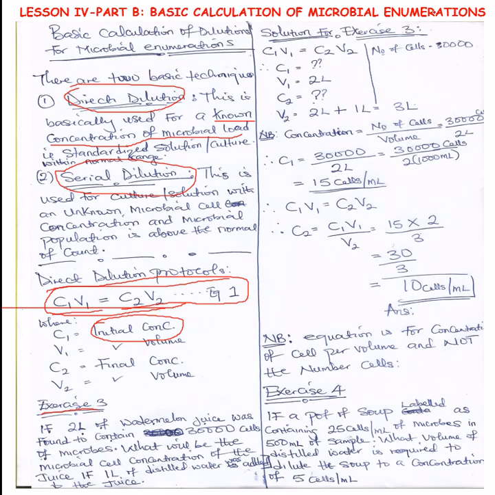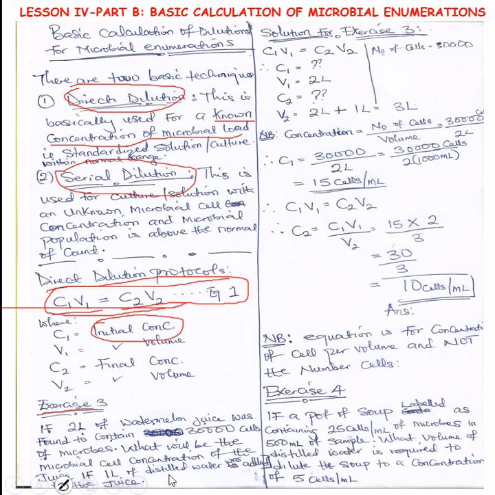In this solution, the equation is C1V1 = C2V2, where C1 is not given. V1 is given, which is 2 liters. Mind you, this is the total number of microbial cells in the watermelon juice, not the concentration. C1 was not given, V1 was given, 2 liters, the initial volume.